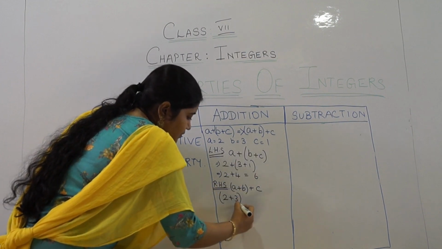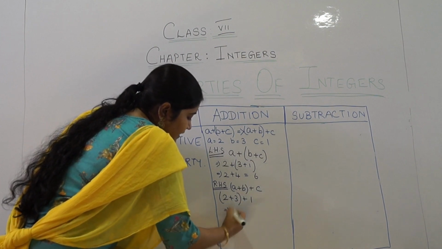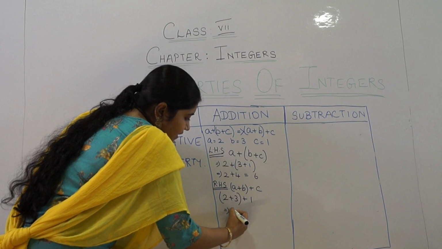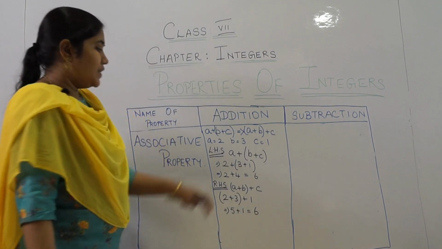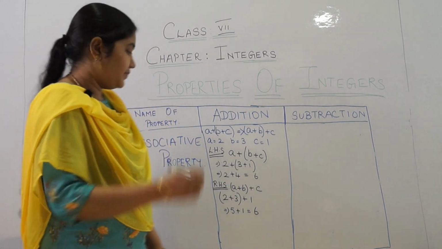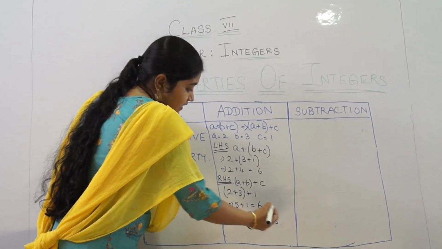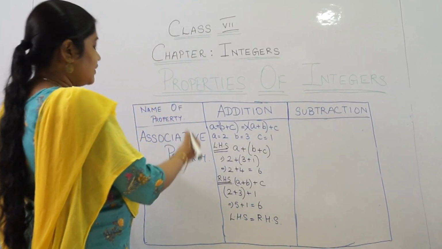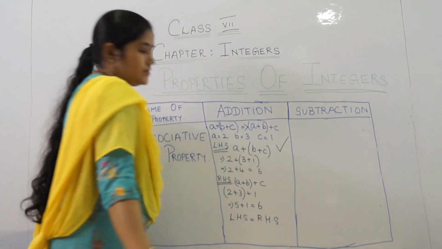So these two are grouped together and then added with C. So it becomes 2 plus 3, which is 5, plus 1, which equals 6. Is the value of the right hand side equal to the value of the left hand side? Yes. Therefore, since LHS is equal to RHS, I can conclude that the associative property holds good in addition.